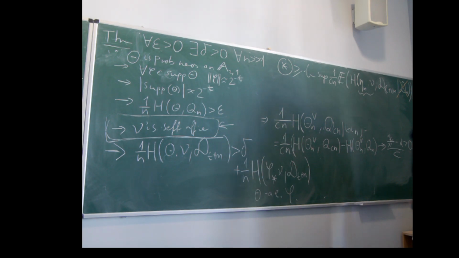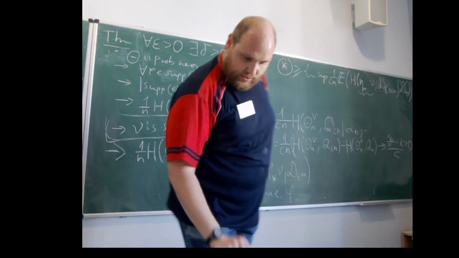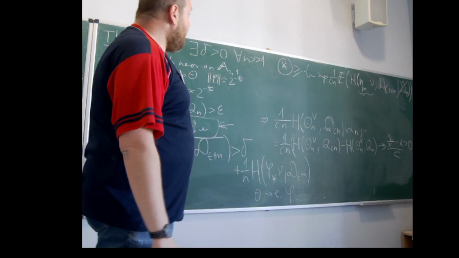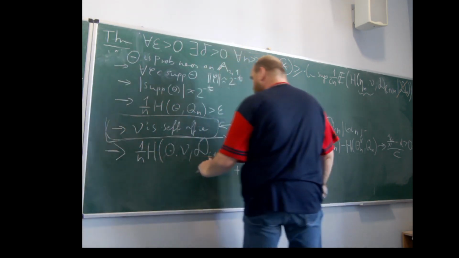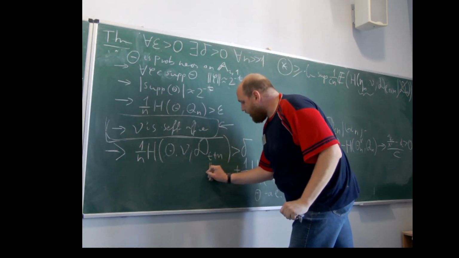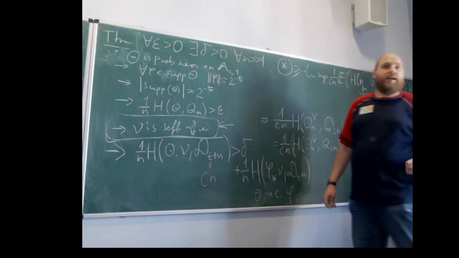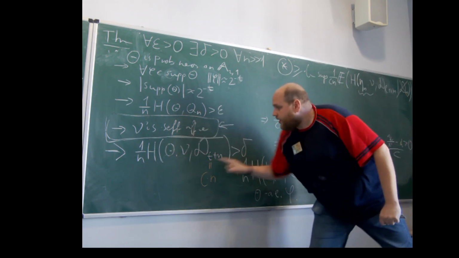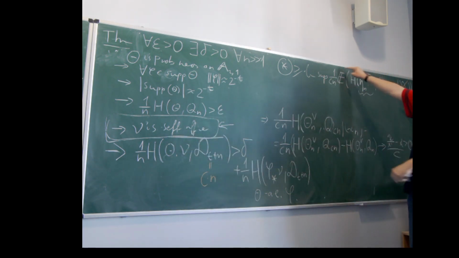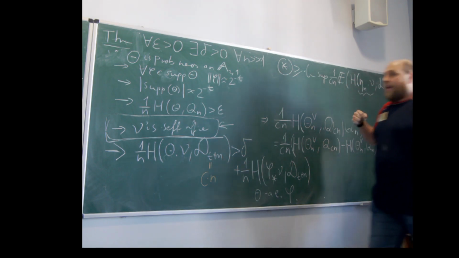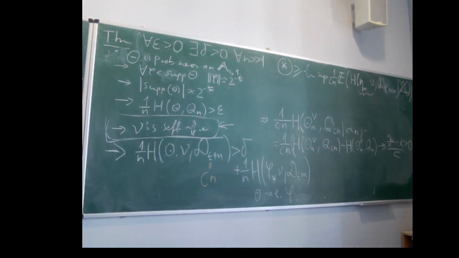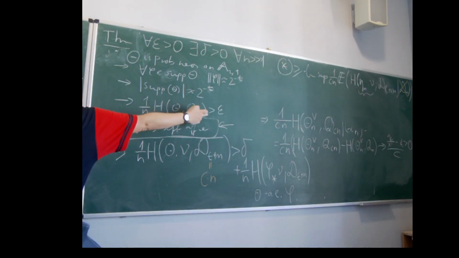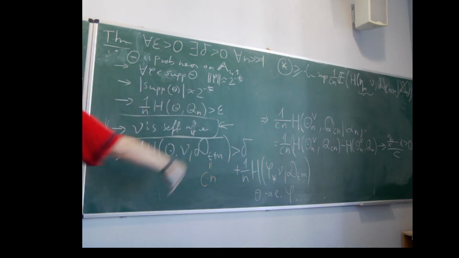And on the other hand, what can we say? Now, substitute this t in your mind with c to the n. What do we know? We want to estimate this from below. Now, I only know one thing, that the entropy is positive for some tiny epsilon.